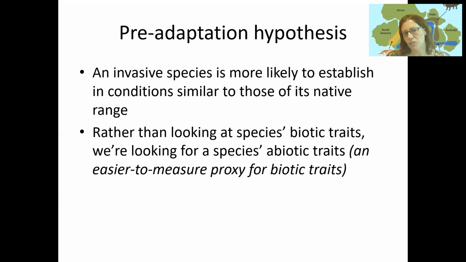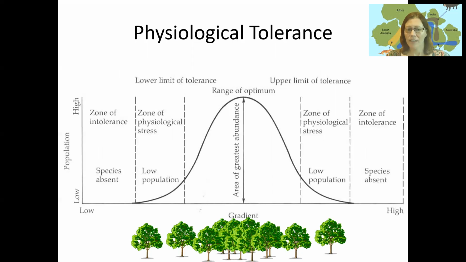That's easier to approximate, what that physiological tolerance is, than actually growing all of the trees individually to measure, well, if we make it this cold or this hot or whatever, how does that species actually respond? Here's an example of what we might infer about physiological tolerance if we had a geographic gradient of that species' abundance, right?